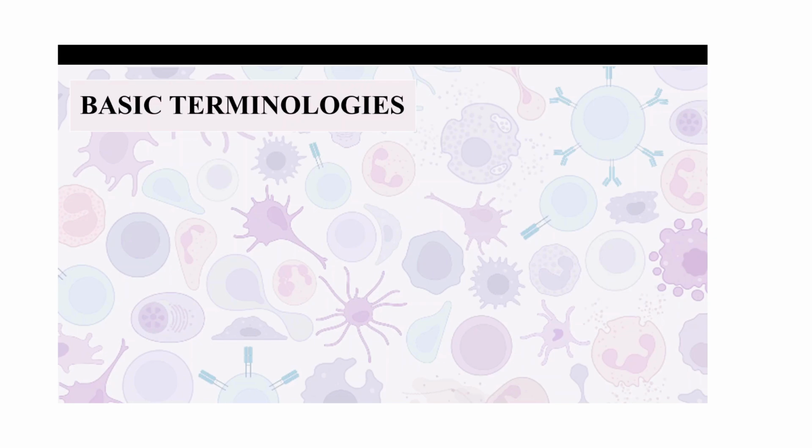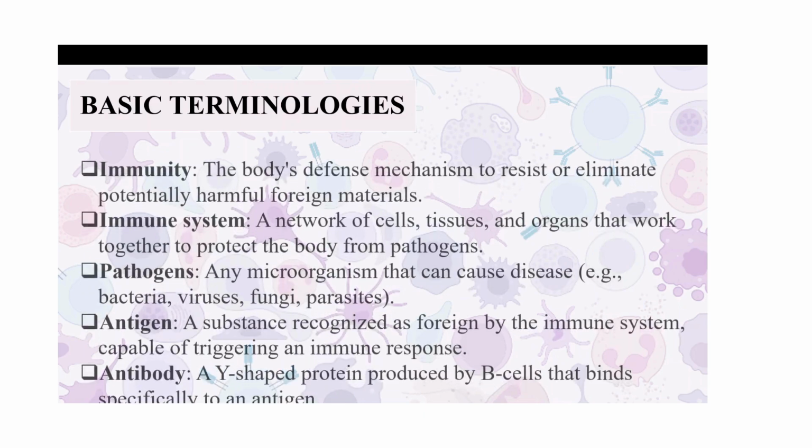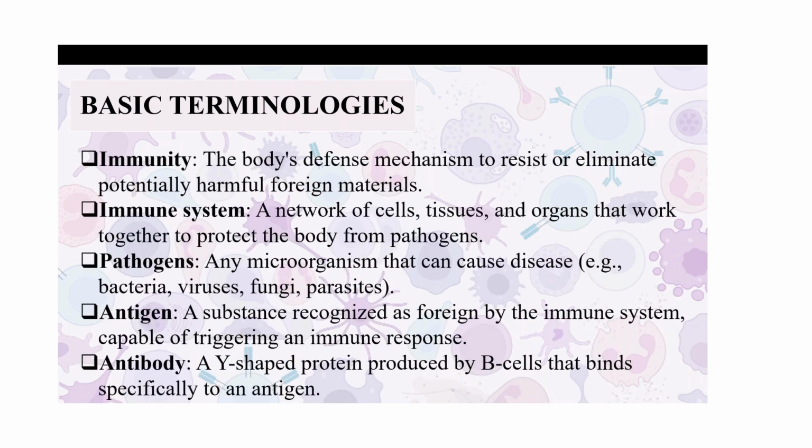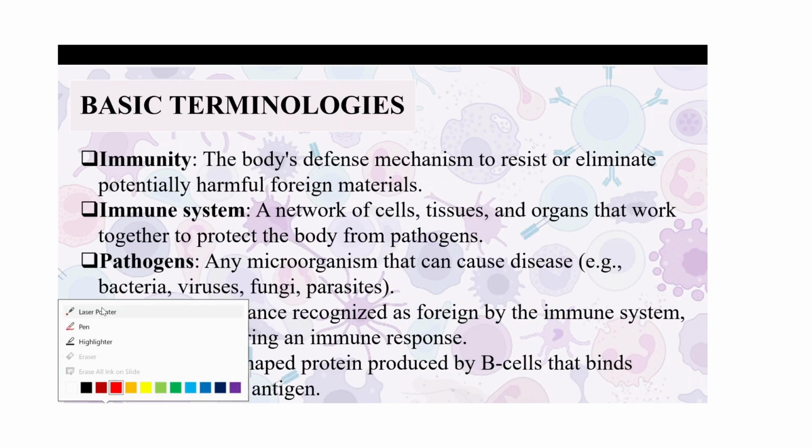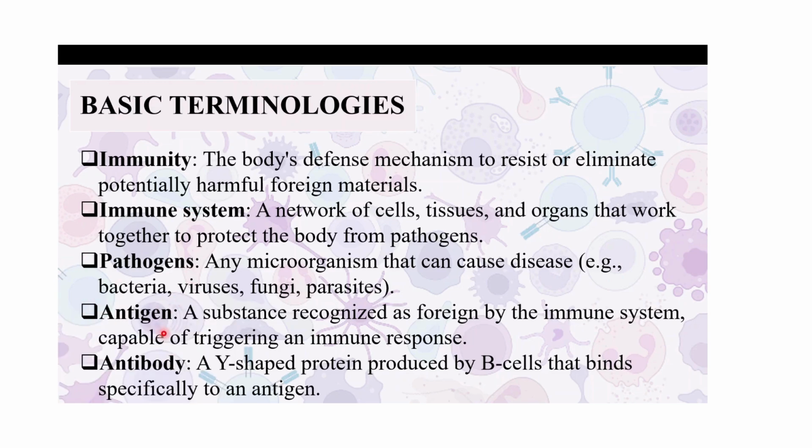It's some basic questions, but it's going to be there in your interview. It's going to be there in your papers as well. So what are these terms? The terms include immunity, immune system, pathogens, antigens, and antibody. I'm quite sure that with antigen and antibody, most of you are familiar with these two terms, but still, let's just start from the beginning.